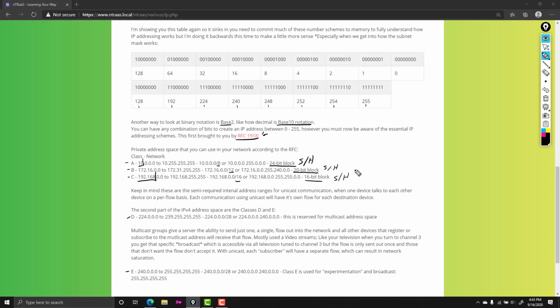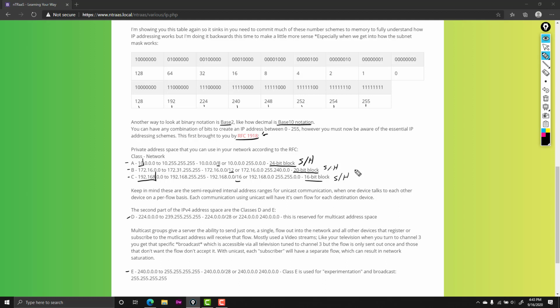Keep in mind that these are semi-required internal address ranges for unicast. When one device talks to another device, it's on a per flow basis, which means each communication using unicast will have a flow for each destination device, or basically communication itself.